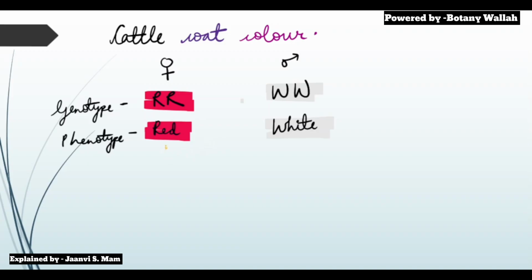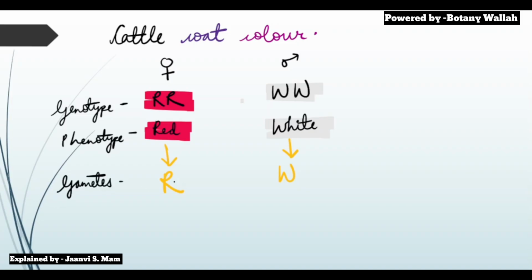Here, since there are two R, I will consider only one R, so I will just write capital R. Since here there are two W, I will consider only one W, so that is capital W. Okay, and what I have written, these are the gametes.